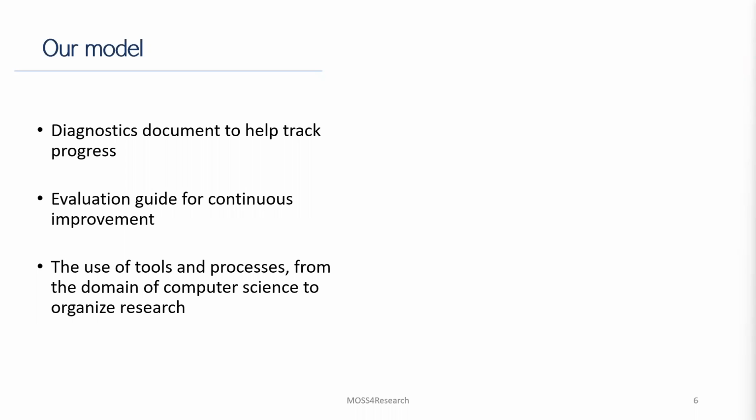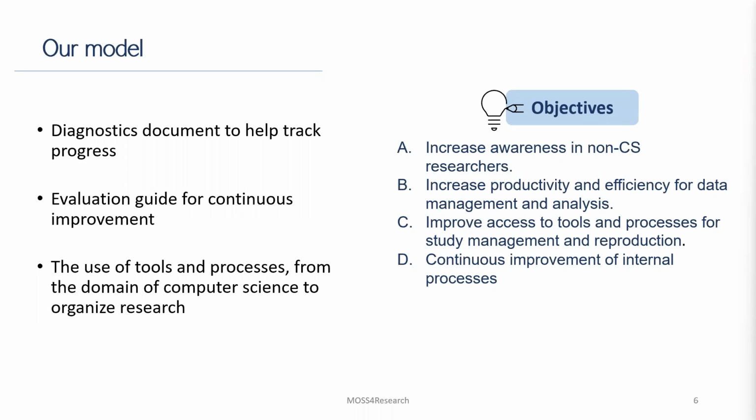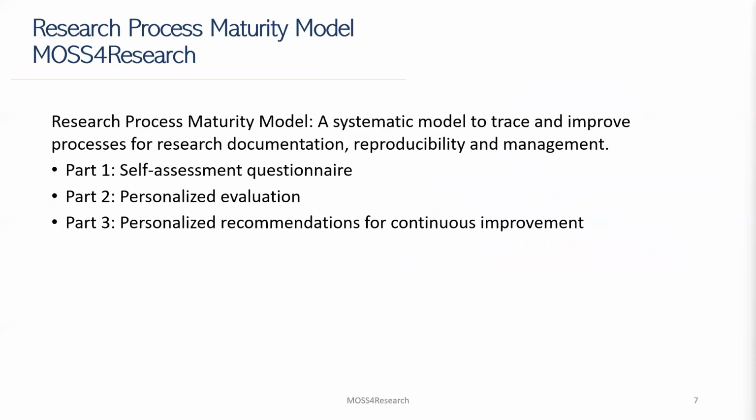And this model was designed for them with the objectives to increase the awareness of the need for data reproducibility in non-computer science researchers, increase productivity and efficiency for data management and analysis, improve access to tools and processes for study management and reproduction, and of course, continuous improvement of internal processes.